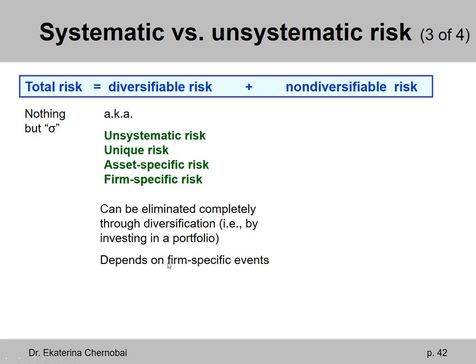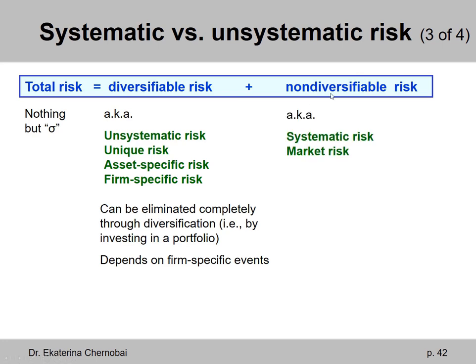So maybe you lost money on this particular company stock, but you see this offsetting of the loss with gains in the other stocks you have in your portfolio, right? So you can undo firm-specific return fluctuations. Well, not undo, I would say more like you can cancel them out with gains from high returns from other stocks in your portfolio.